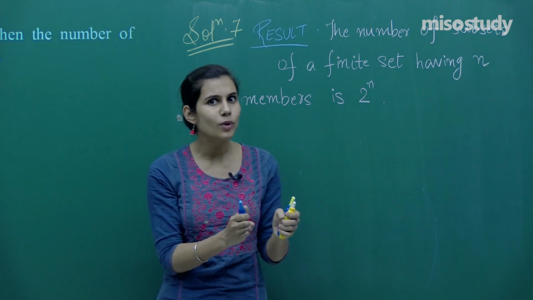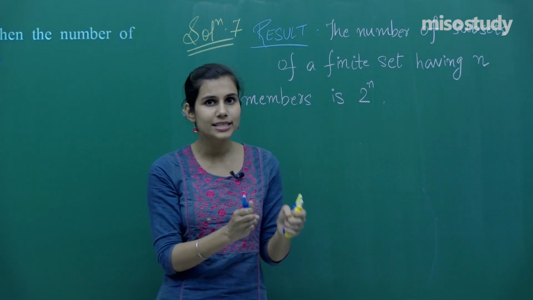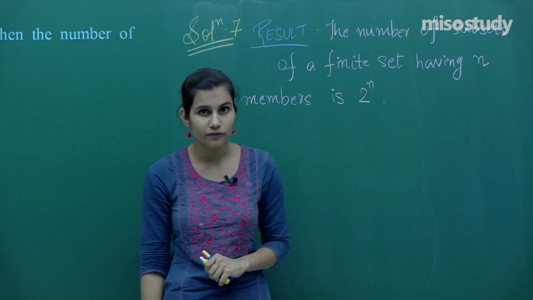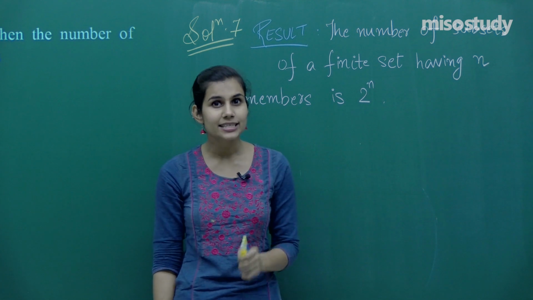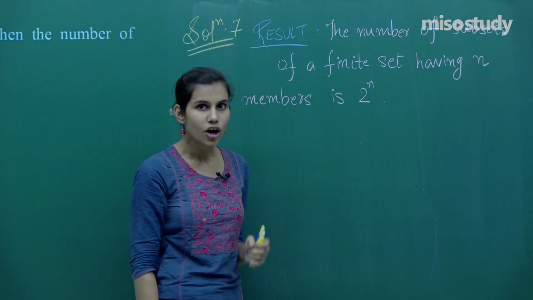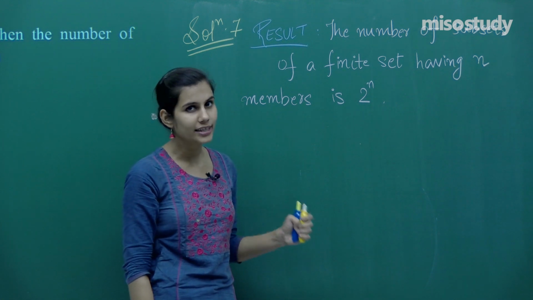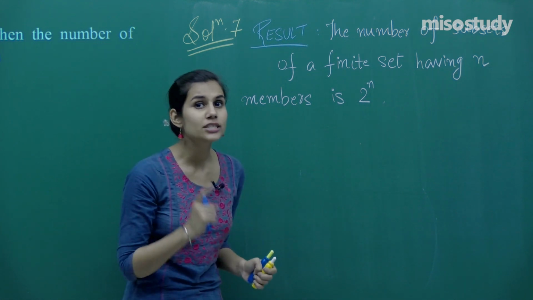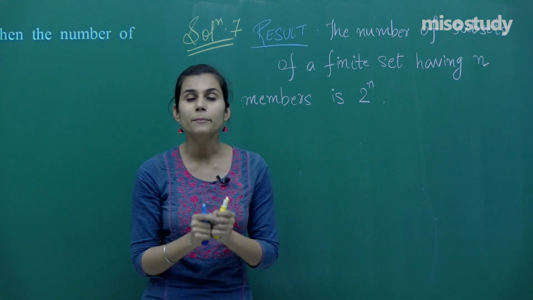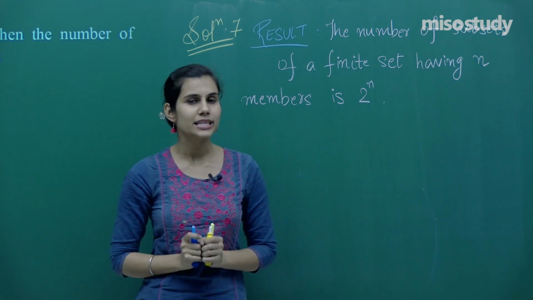Apart from this one subset which is equal to the set, rest all the subsets are proper subsets of the set. This means once you know the number of all the subsets of a finite set of cardinality n, just removing one from it is going to give you the number of proper subsets in the same set of cardinality n.